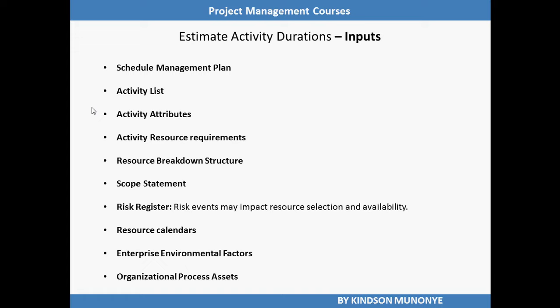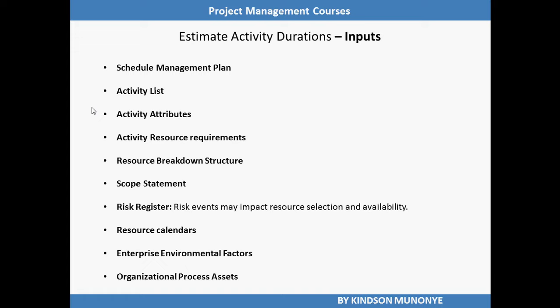Another input is activity resource requirements. Remember, activity resource requirements as well as resource breakdown structure are two outputs from the estimate activity resources process. We need the activity resource requirements to estimate activity durations because they will have an effect on the duration of the activity, since the level to which the resources assigned to the activity meet the requirement will significantly influence the duration of most activities.